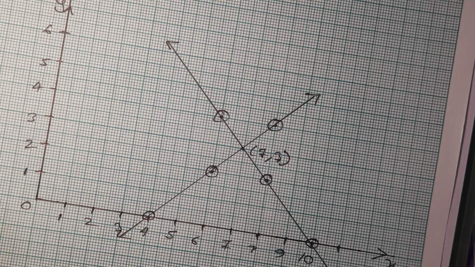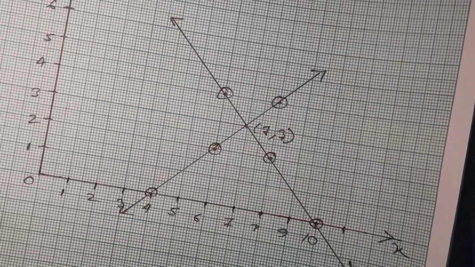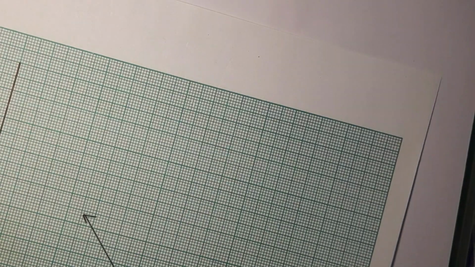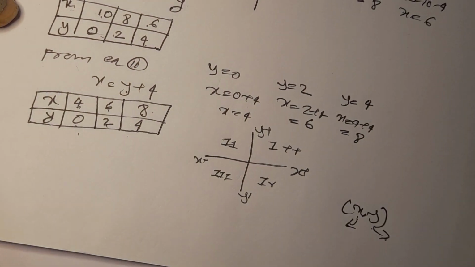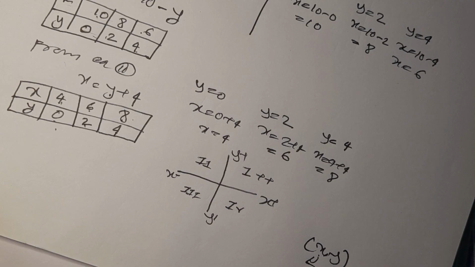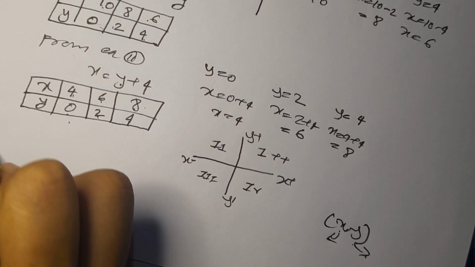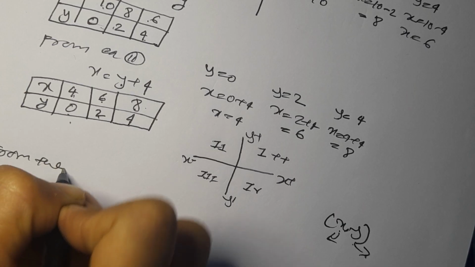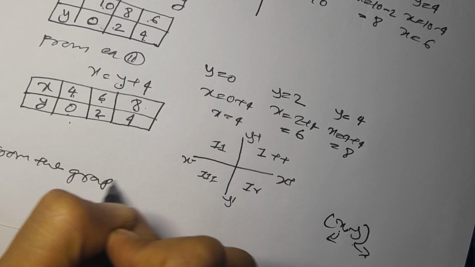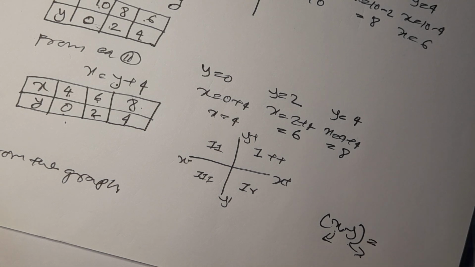So you have to write the answer in the copy. You can write it here also, or in the copy. You have to mention the answer. So I am writing in the copy the last line: from the graph we got x comma y, x equals 7, y equals 3.